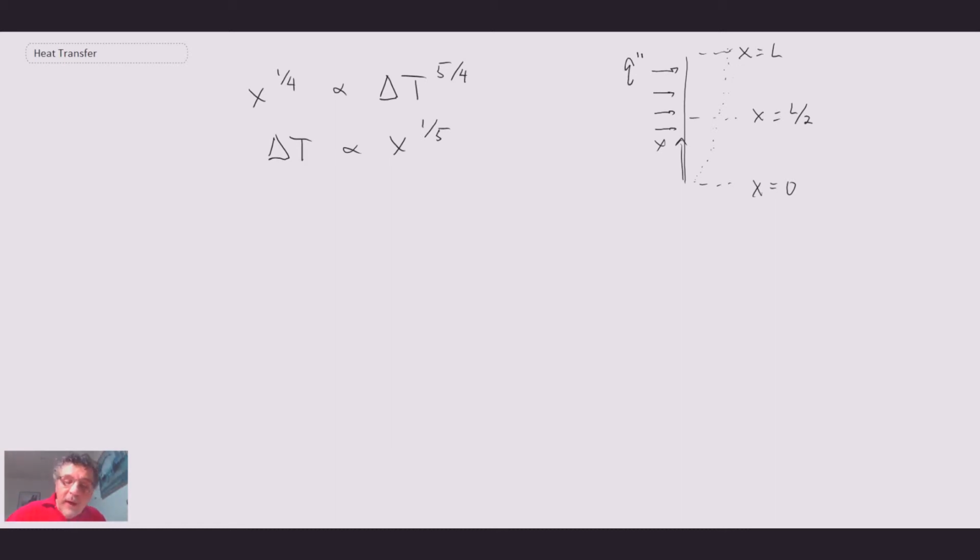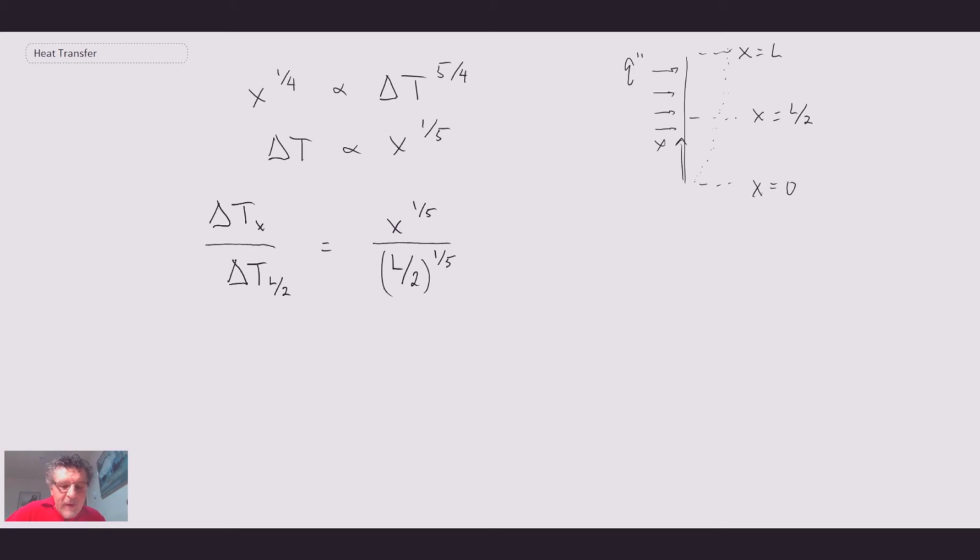And so what I want to do is evaluate delta T at some arbitrary x, and I also want to evaluate delta T at L over 2, because if we know that temperature difference, we can put it into the laminar correlation and then get the value for the convective heat transfer coefficient. So let's go ahead and do that.